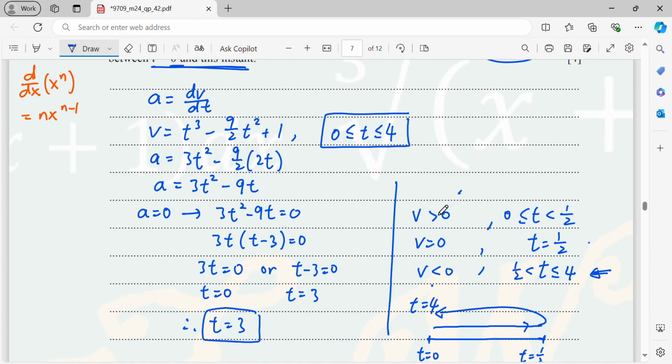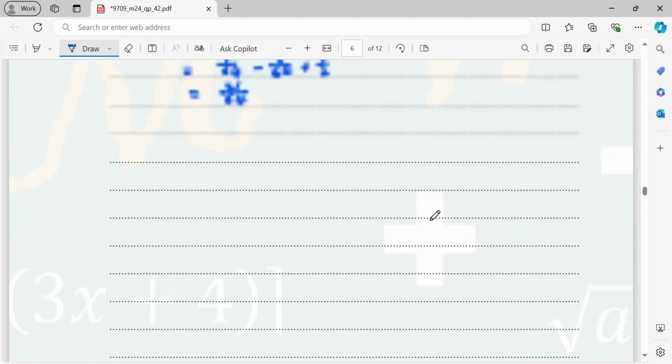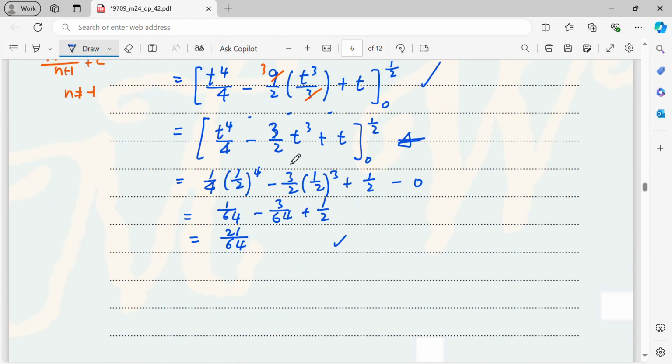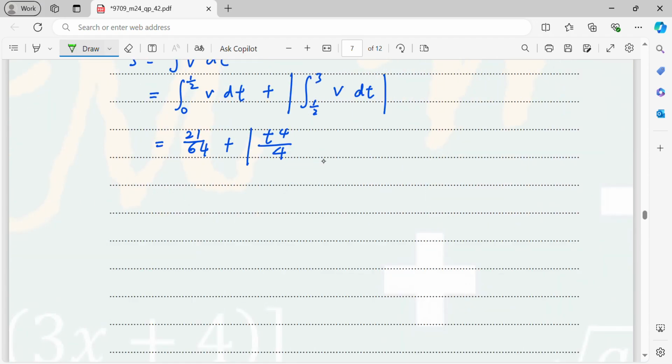So it will be t to the power 4 over 4, then minus 3 over 2 t cubed plus t, with limits half to 3.